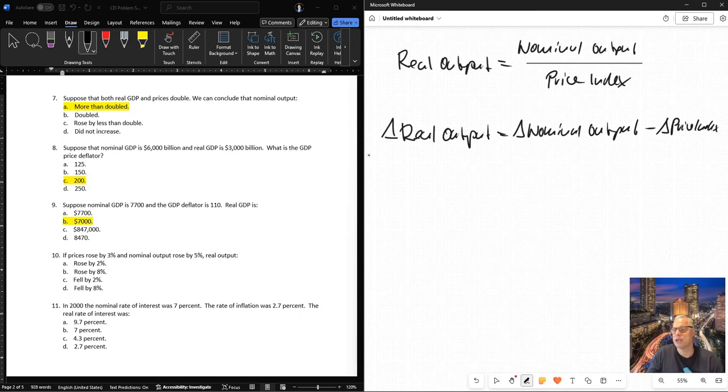And of course the change in the price index, that is inflation, and the change in nominal output, that is nominal growth. So the real output growth is equal to the nominal output growth, so that grew at 5%, but the prices rose by 3%, so minus 3%. So the answer is real output must have grown by 2%.